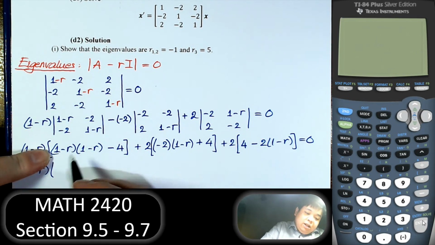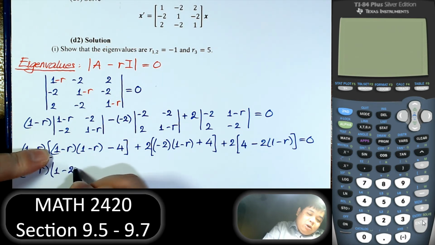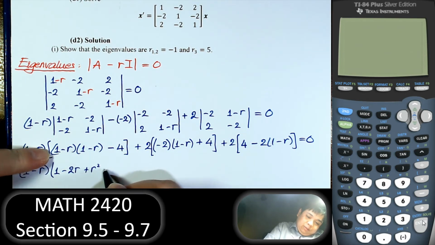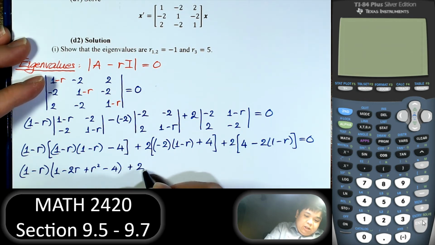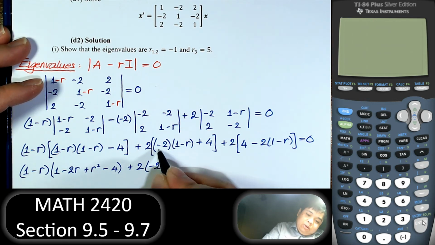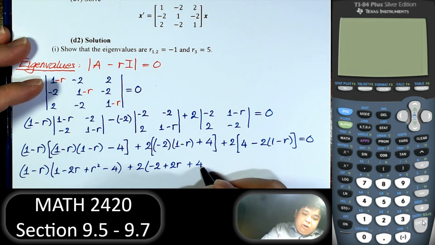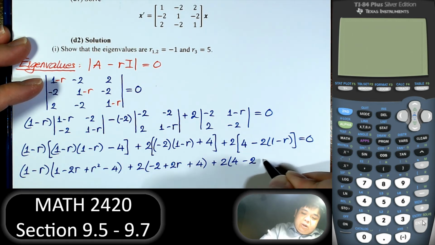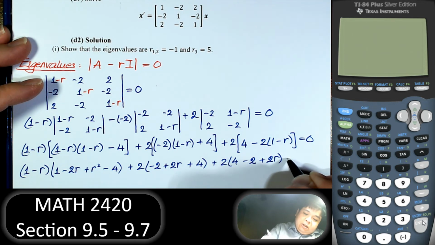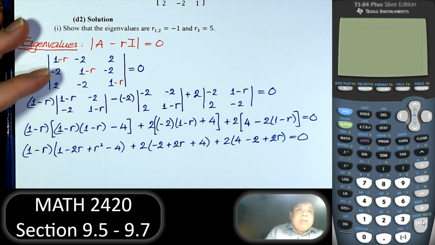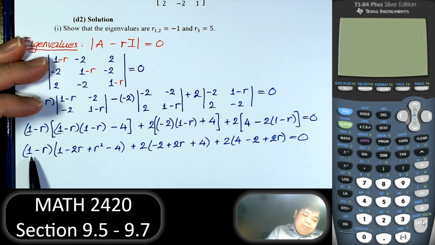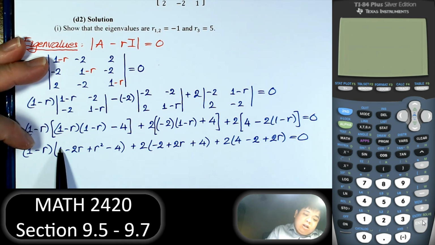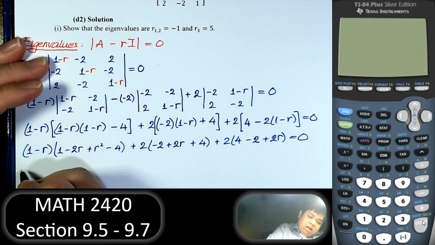Just multiply this out. 1 minus 2R plus R squared, minus 4, plus 2 minus 2 plus 2R, plus 4, plus 2, 4 minus 2 plus 2R. Right, multiply it out. 1 minus R times this, minus 1, minus 4, and minus 4 and 1 is minus 3. Let's just simplify it one more step.